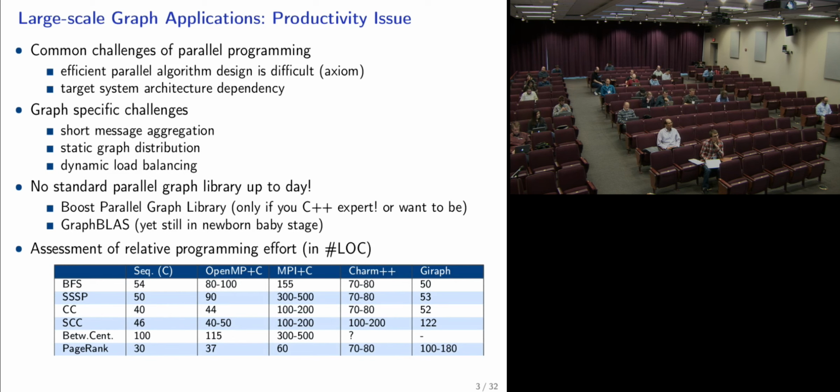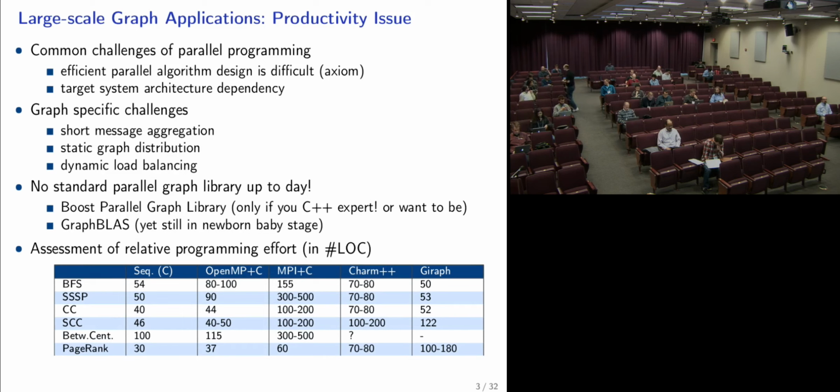But graph applications also introduce specific challenges, such as the necessity to deal with a large amount of short messages which are generated in graph algorithms, and the well-known technique of using message aggregation to enable better utilization of network bandwidth.